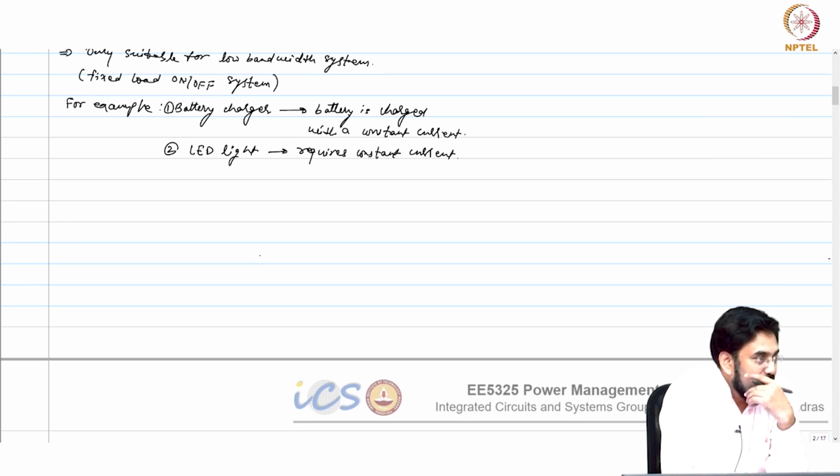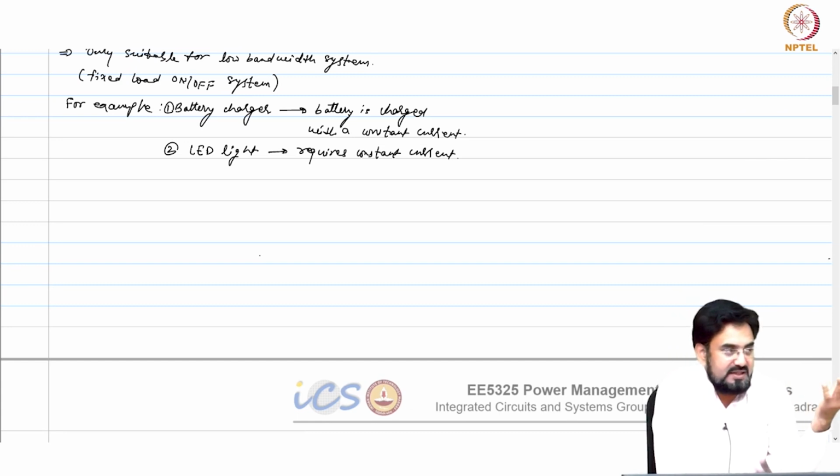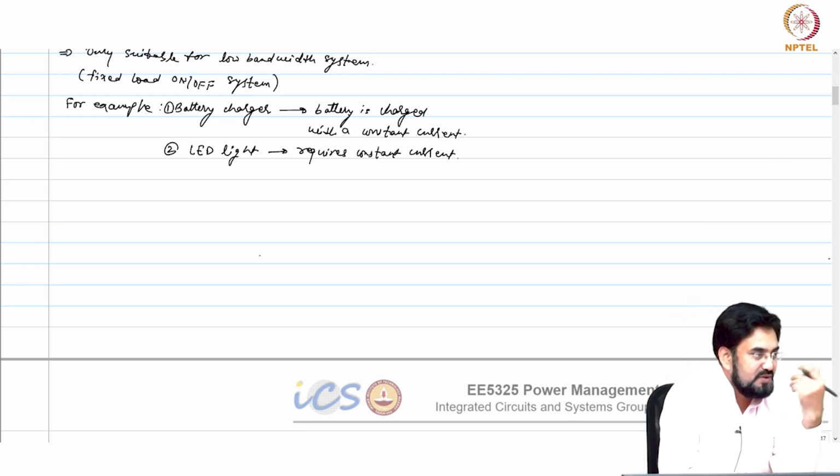You can add a zero to cancel those poles and boost your phase around your UGB, so that you get enough phase margin, just like you did in the case of LDO. But in the LDO you had real poles and 2 poles you were considering, one at the output of the first stage and one at the output of the second stage. So, it was more like a 2-stage op-amp kind of thing.